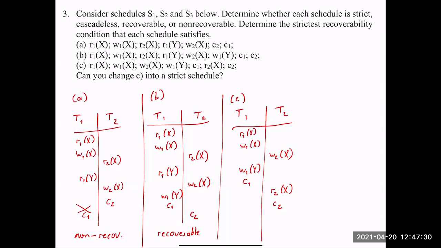Well, actually, it's not strict, right? Because we have this write here of X. And previously, we also wrote X over here in transaction T1. And at this point here, T1 hasn't yet committed. Okay, so this is not a strict schedule. So therefore, the strongest recoverability condition that this satisfies is cascadeless.